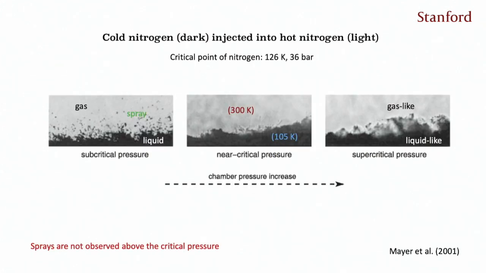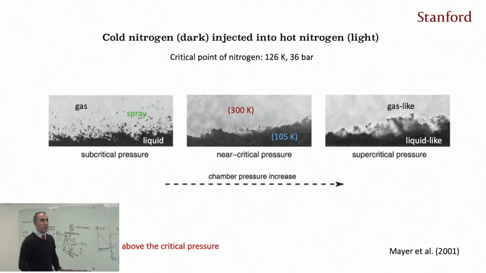The first panel on the left is at subcritical pressures, with nitrogen injected into nitrogen. The temperature of the nitrogen is 105 kelvins and the ambient is at 300 kelvins, as I was saying. At subcritical pressures, you have a spray, like the everyday spray, because the system is subcritical and therefore there is an interface.